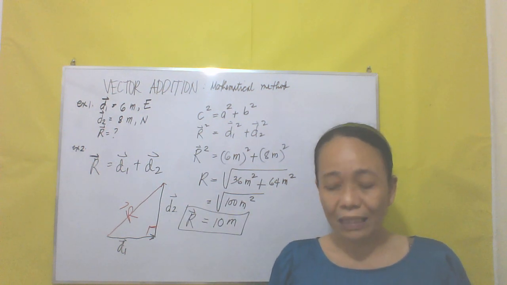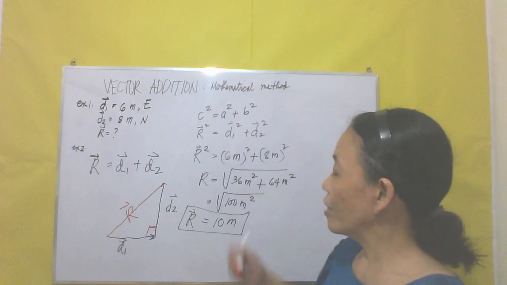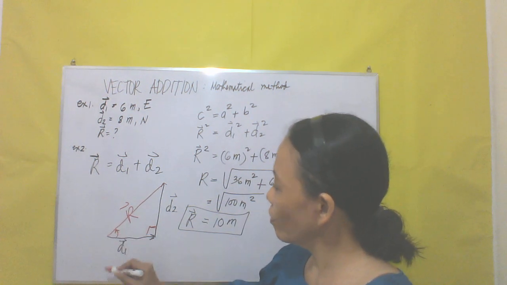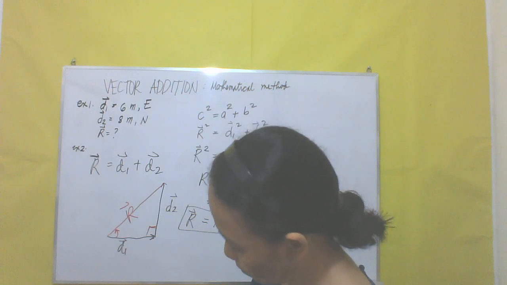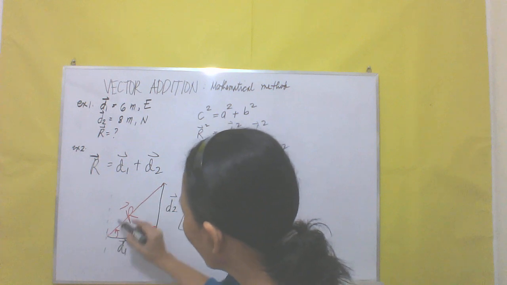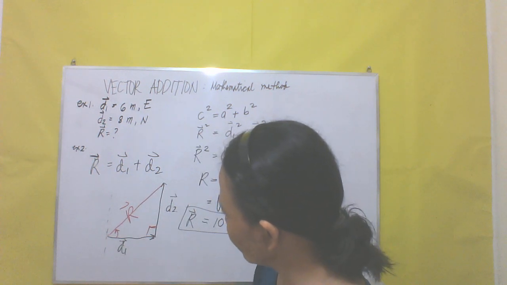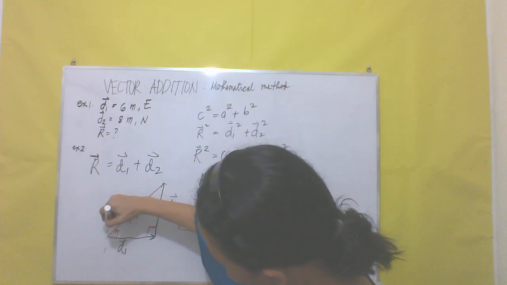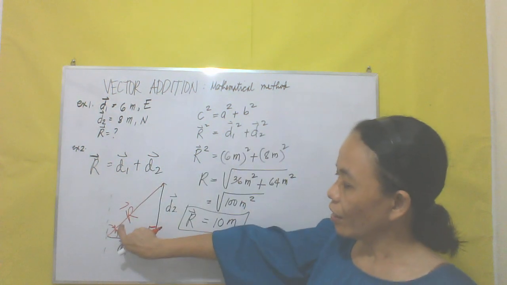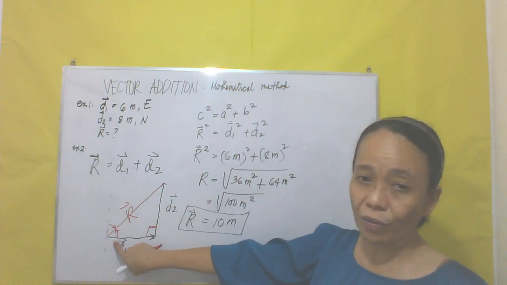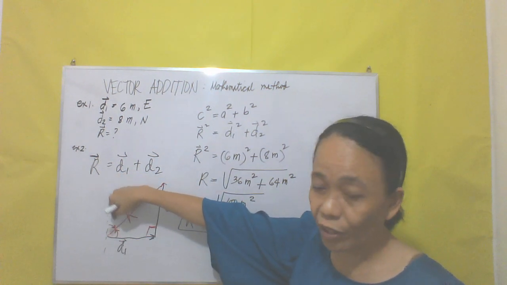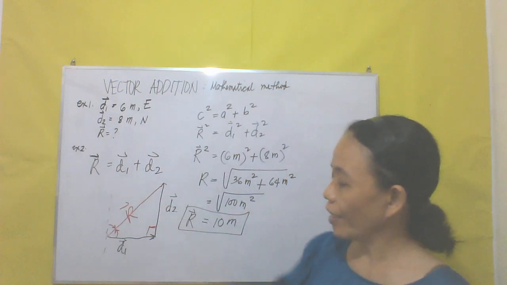Next, how about the direction? The direction is either this angle or this angle here. Again, this is north of east with respect to the x-axis, or east, and this is east of north with respect to north.